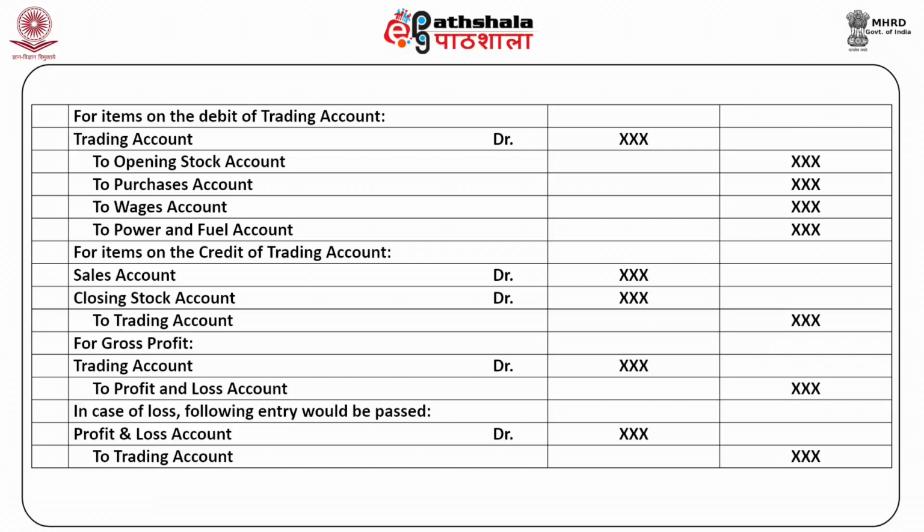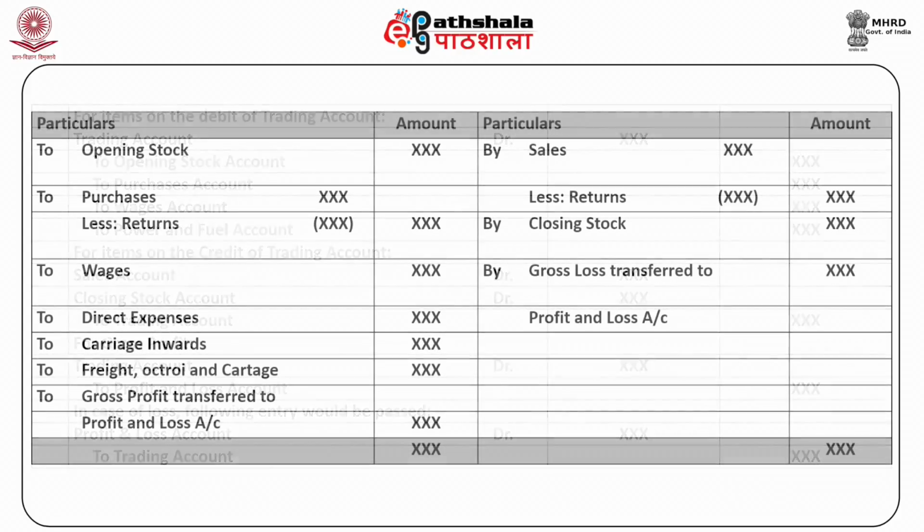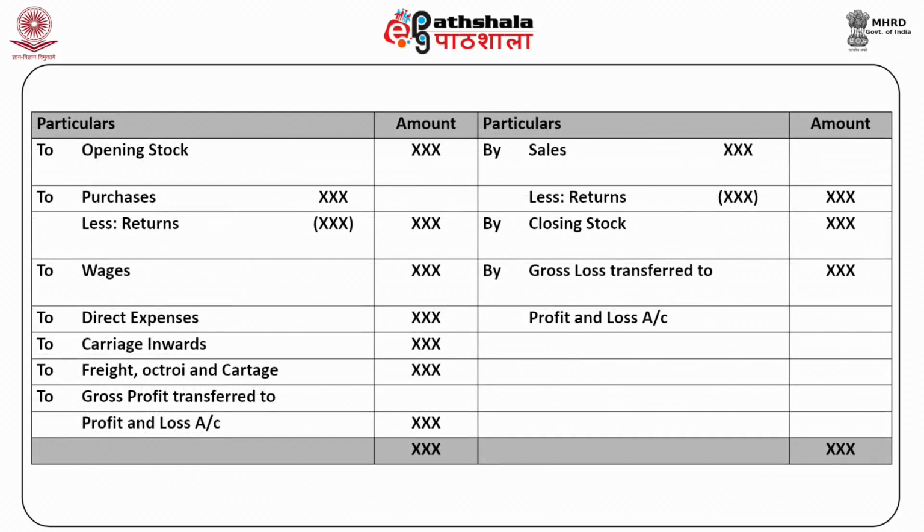In case of loss, the following entry would be passed. Profit and loss account debited to the credit of trading account. Format of trading account. The format of trading account is as follows. On the left hand side, you will see the debit items.